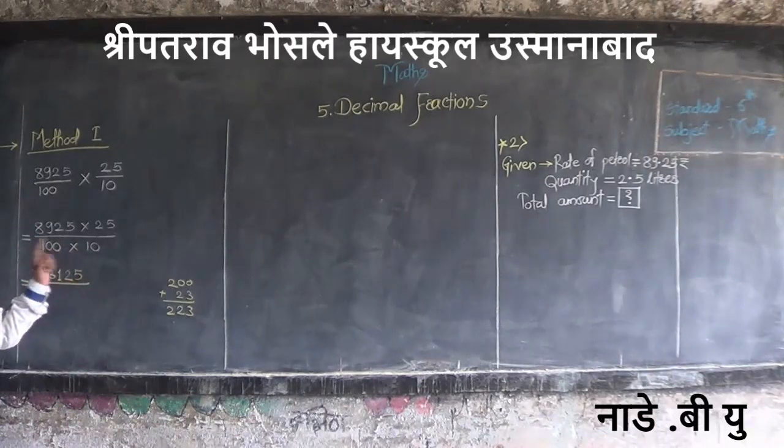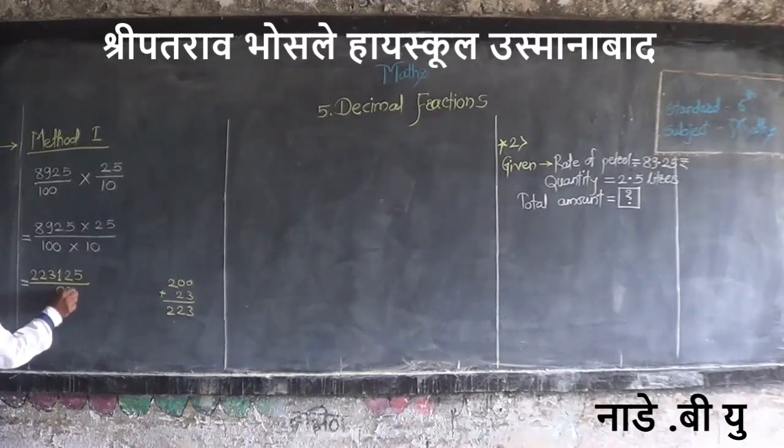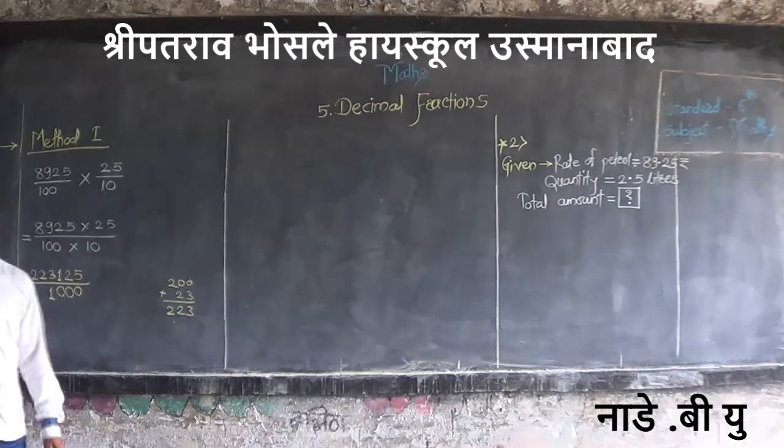If the numbers are multiples of 10, the easier way of multiplying is to count the zeros, 1 2 3, and write that number of zeros after the 1. Here the denominator is 1000.